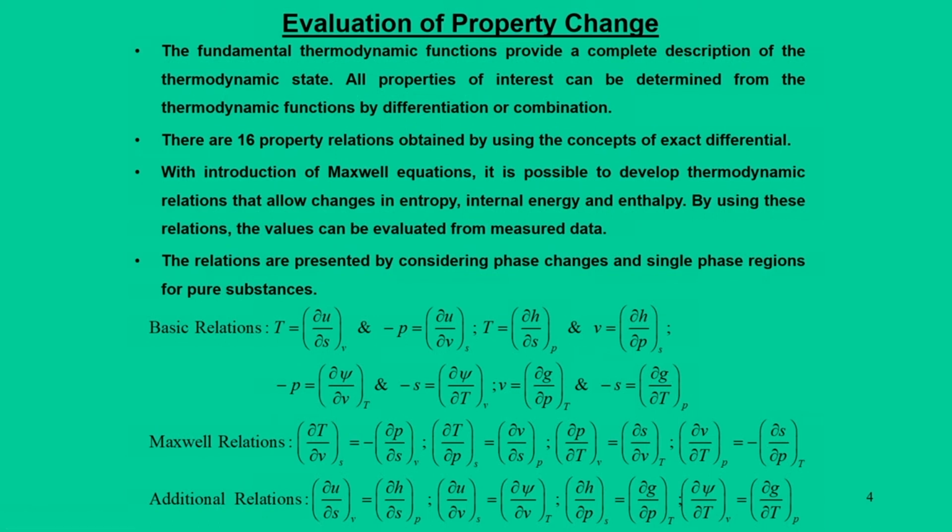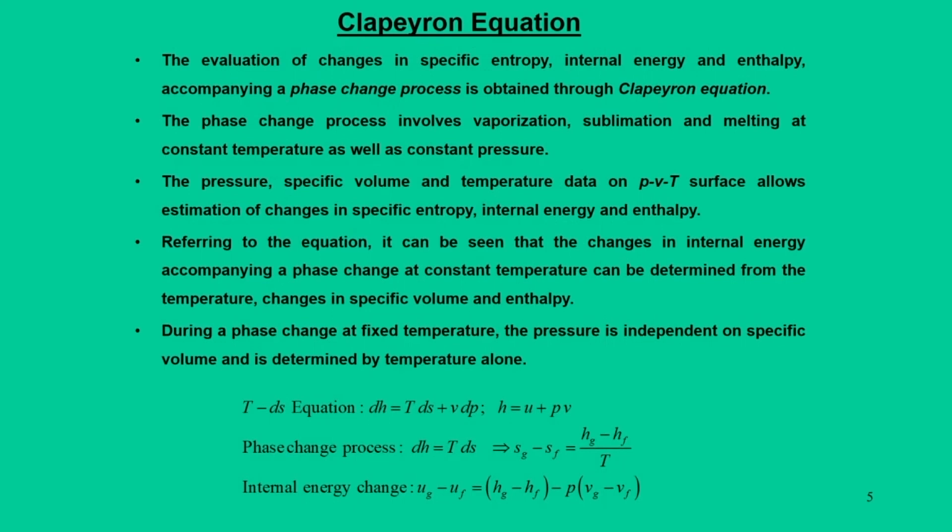So, in fact, these relations are very generic and mathematical in nature, and since they are mathematical in nature, they are applicable to all kinds of thermodynamic processes, but the only thing is that these equations need to be simplified based on the requirement. Now, one such requirement in our case is a phase change process.